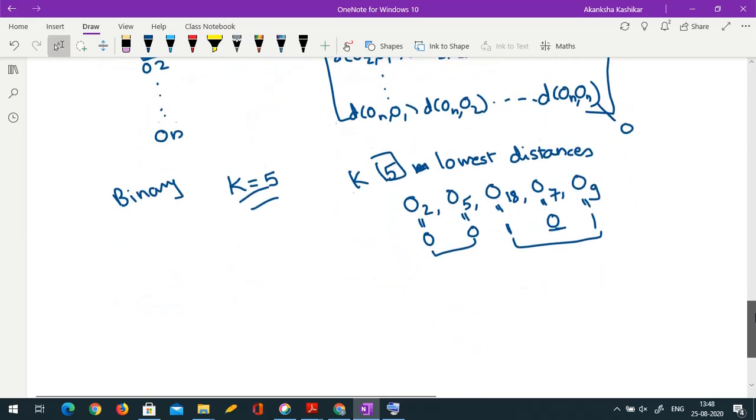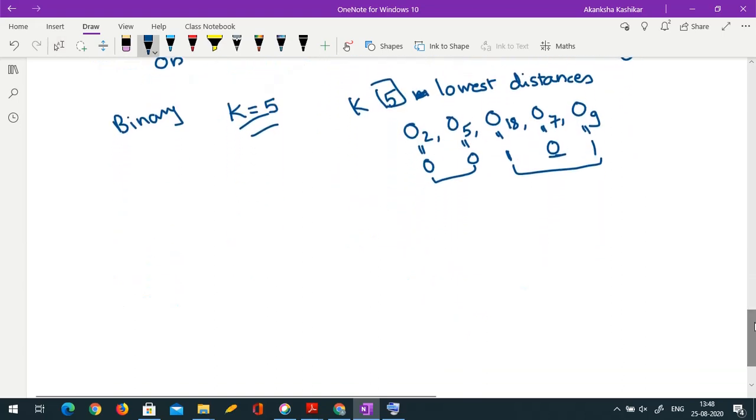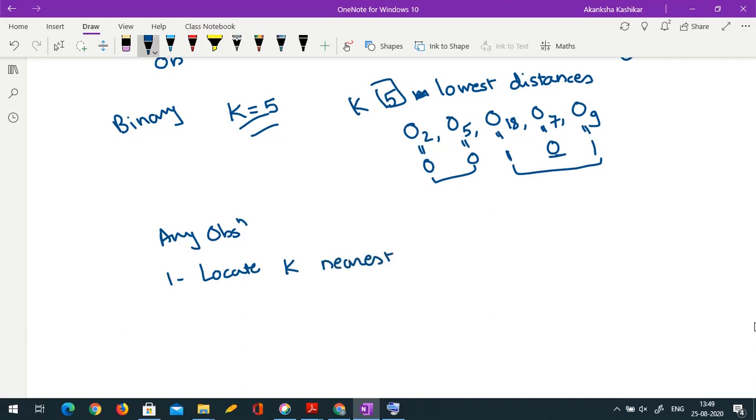So, let me explain the procedure again. Given any observation, first locate the k nearest observations or k nearest neighbors. Basically, compute the distance of that observation from all the other observations and see which k observations are closest to it. Then check the majority class for these k nearest neighbors.